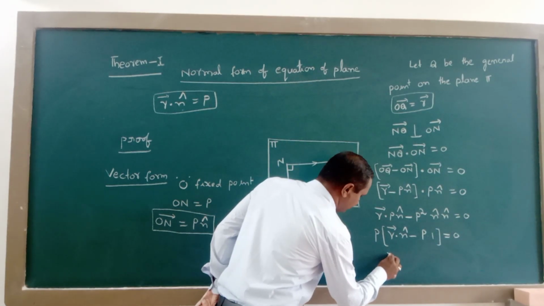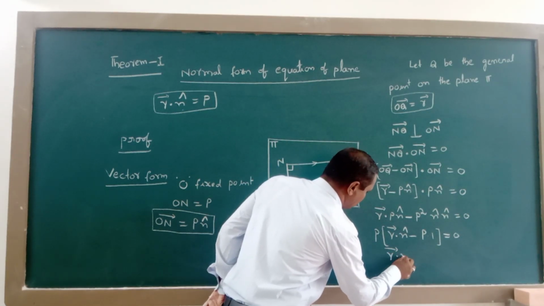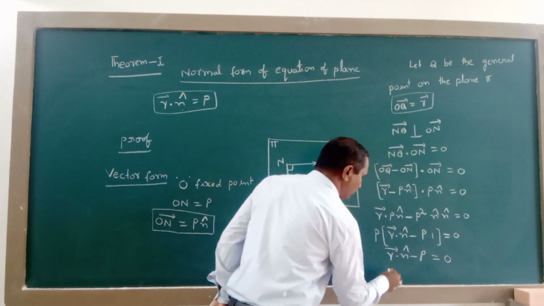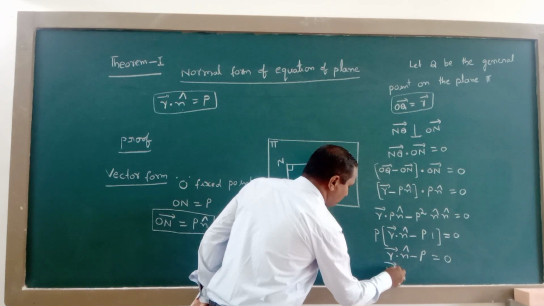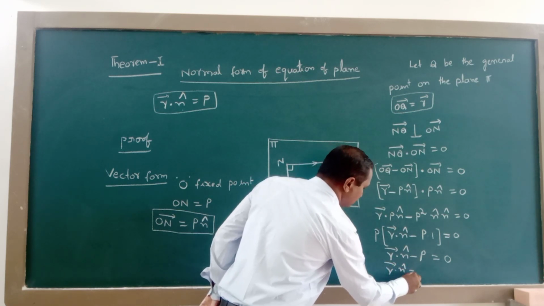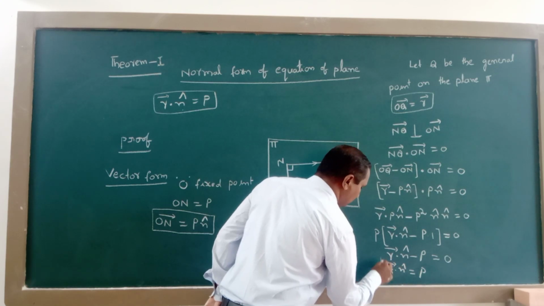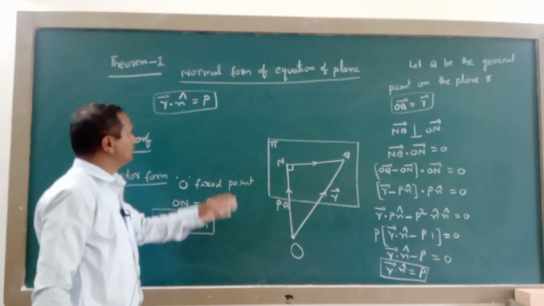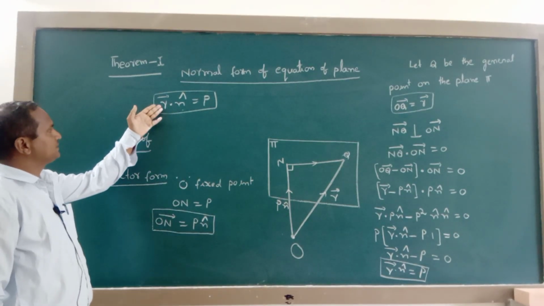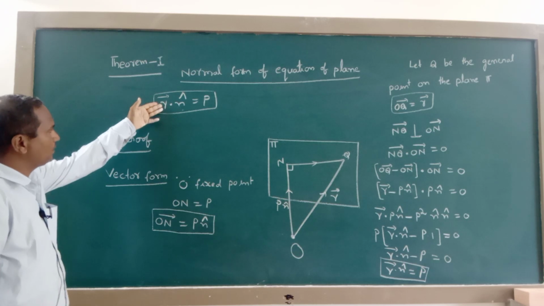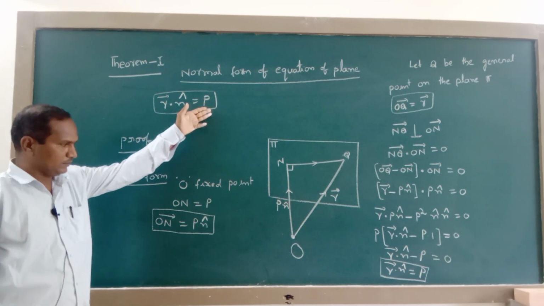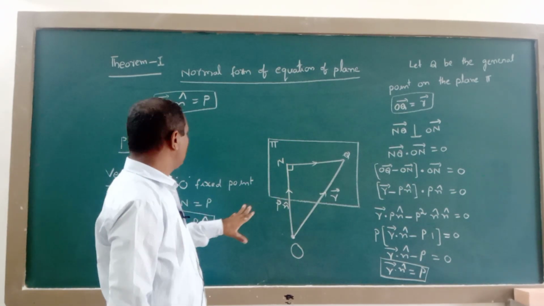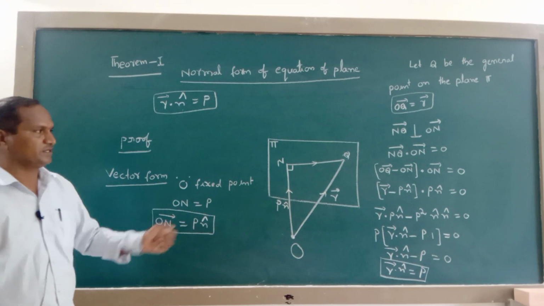Then the equation becomes r vector dot n cap minus P is equal to 0, or r vector dot n cap is equal to P, which is the normal form of the equation of a plane. In vector form, we must get r vector dot n cap is equal to P.